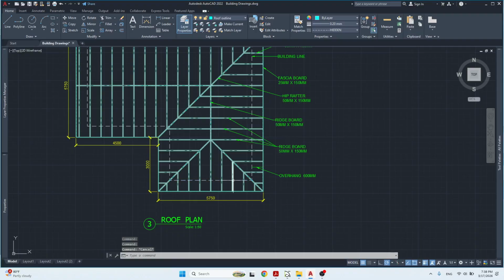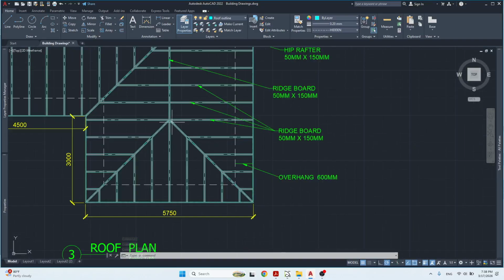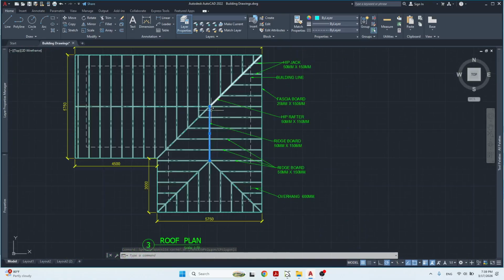So they are the same, which means that when you run your hip at whatever angle, going up this way and this way, at whatever pitch, they are both going to meet at the same height. The ridge is going to start at the same height for this side of the house and for this side of the house.